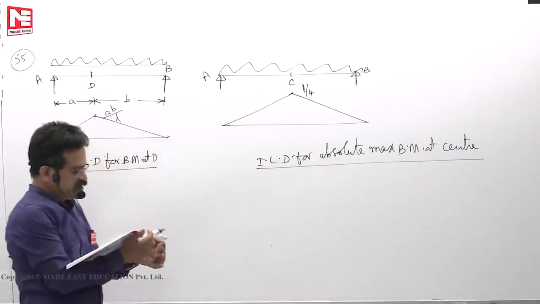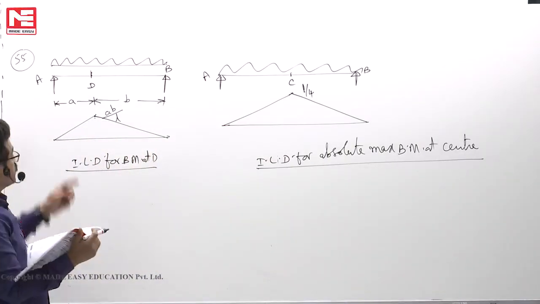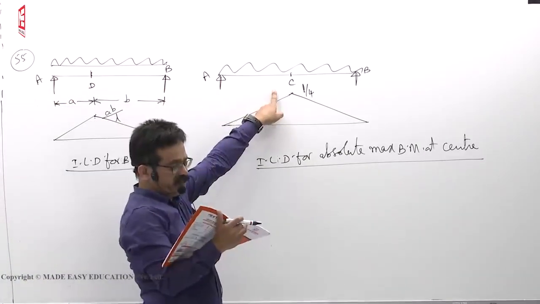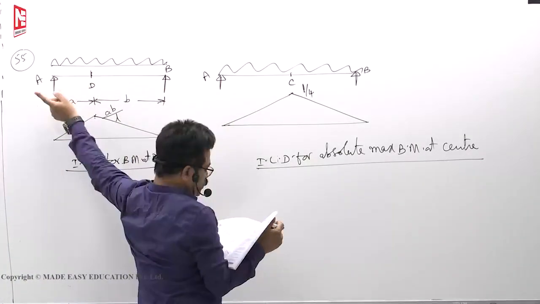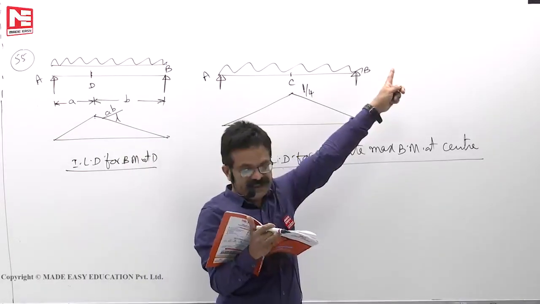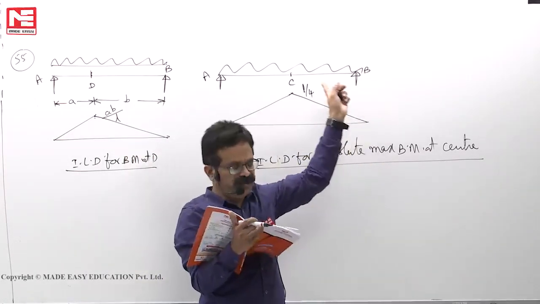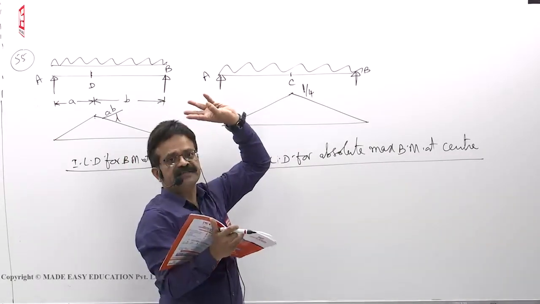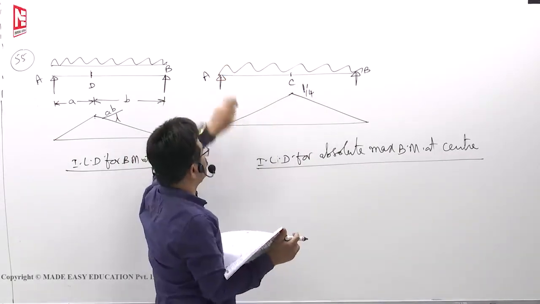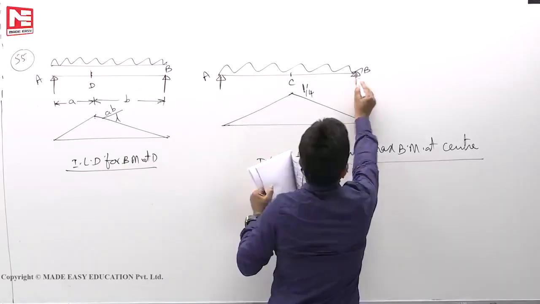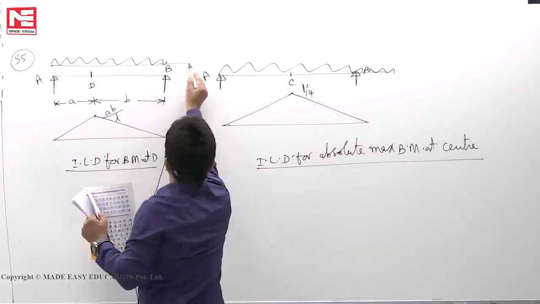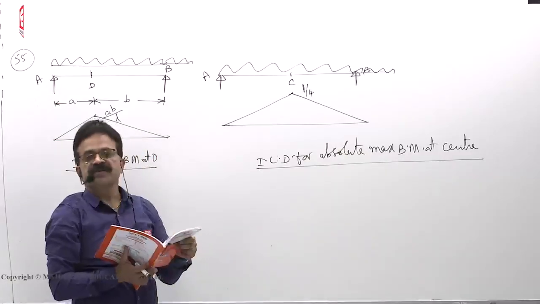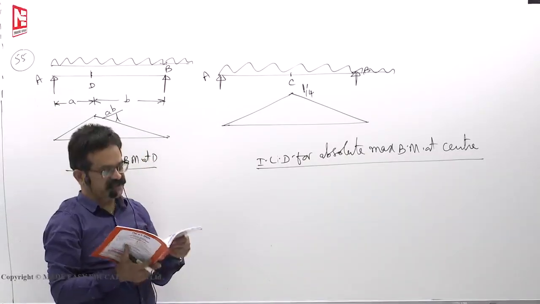So the first statement: whether it is maximum bending moment at section D or absolute maximum bending moment at center, the moving UDL should cover the entire span of a simple beam if the span is less than the loaded length. This means the UDL is the longer one, so much load is there that you can put it over the full length. So the assertion is correct.